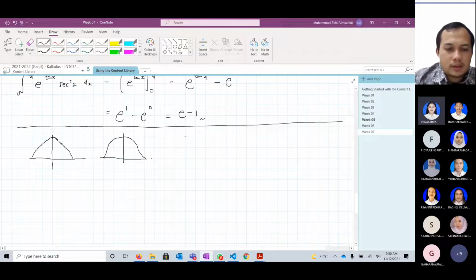Or we have, well, any kind of curve, sorry, this is x, f(x), or let's say we have this kind of curve.